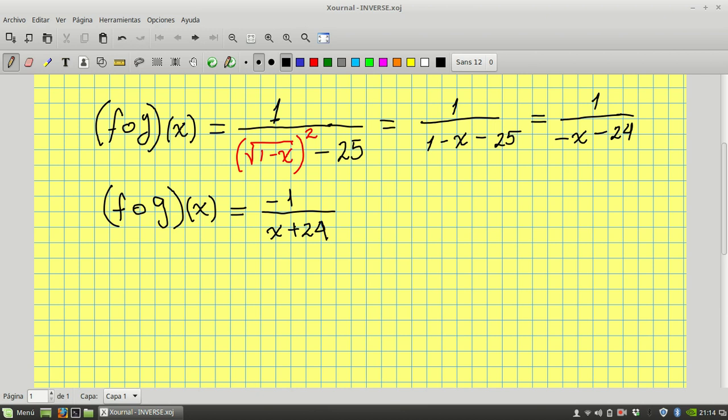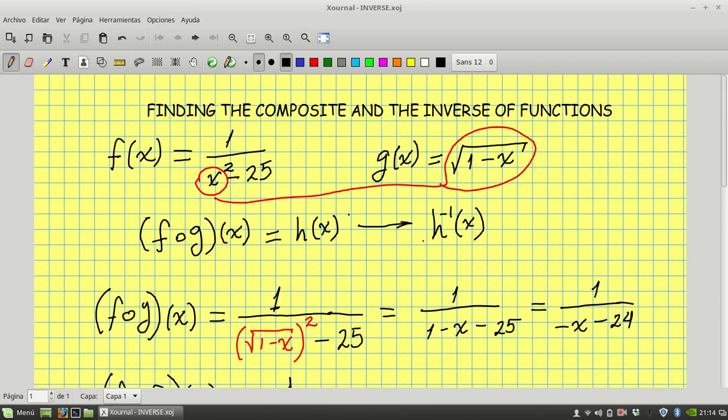Now remember that to check any function, or before doing anything about the function, you've got to check the domain. So how to set the domain? The domain depends on the domain of g and the domain of f(x). But first, for the composite, we've got to check the domain of g(x). Remember that here the domain is any number for which the argument is greater than or equal to 0.